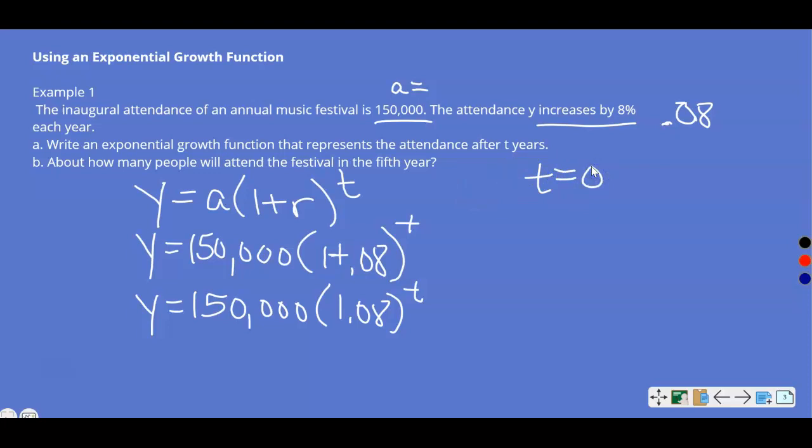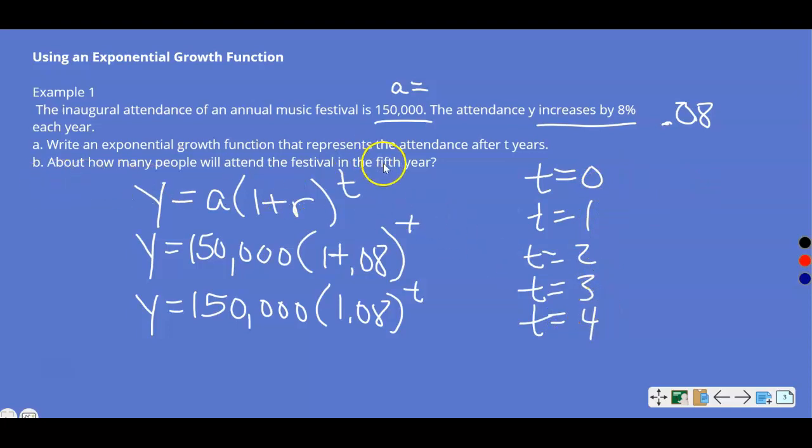That's what makes a the y-intercept, because anything to the 0 power equals 1, and 1 times a would be a. So we start with t equals 0, and then t equals 1, 2, 3, 4. So actually 1, 2, 3, 4, 5.